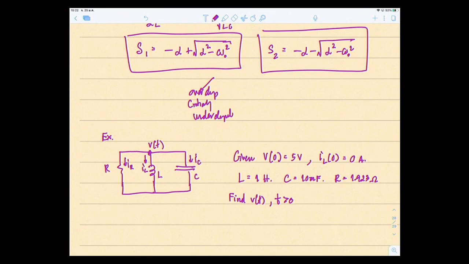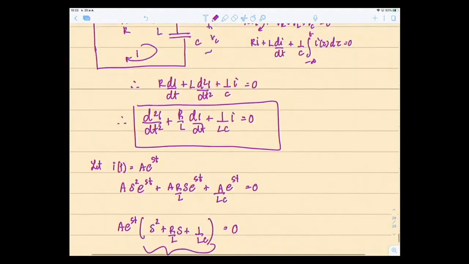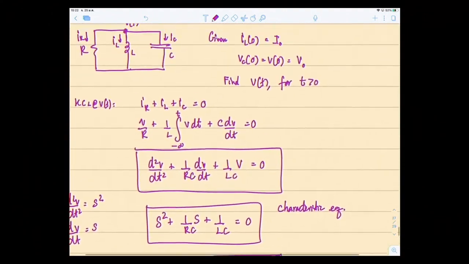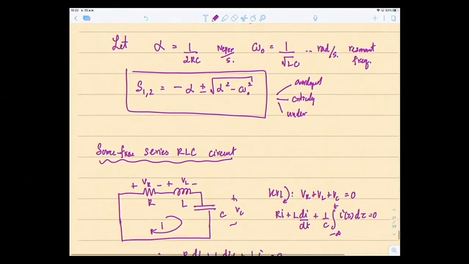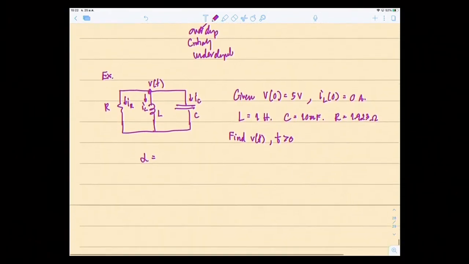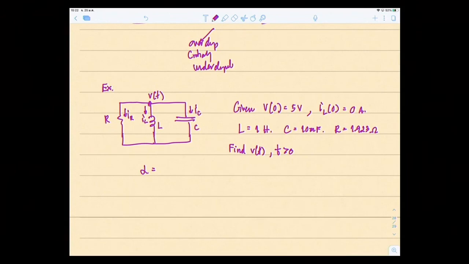So therefore, I start with alpha, which is simply the term from the form that we did, with all the alphas, omega naught, and the roots. So alpha is equal to 1 over 2RC, so equal to 1 over 2 times R is 1.923 times C is 10 millifarad, and the answer is 26.